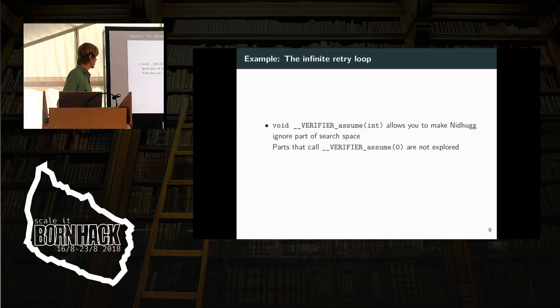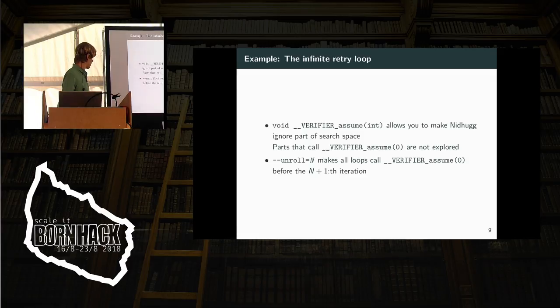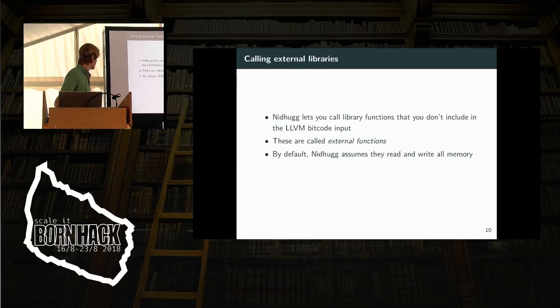You either use verifier assume, and basically you cut off a part of this tree of different orders that Nidhugg builds and can explore, or you use the unroll flag and prevent loops from going further than a certain point. So that's it about the limitations of these techniques.